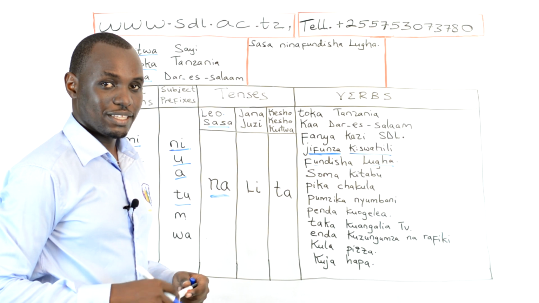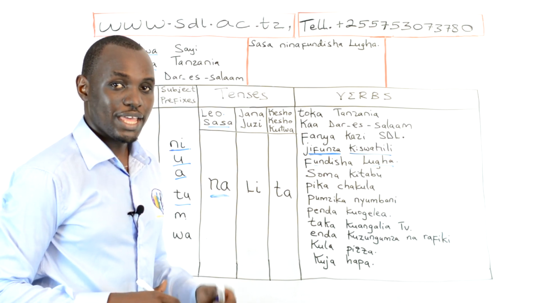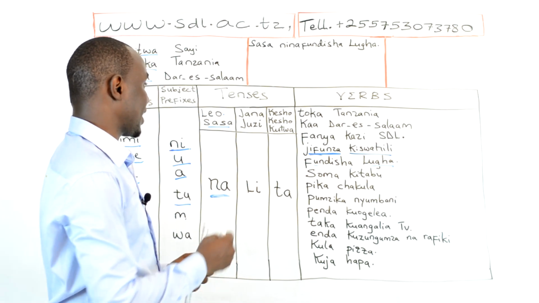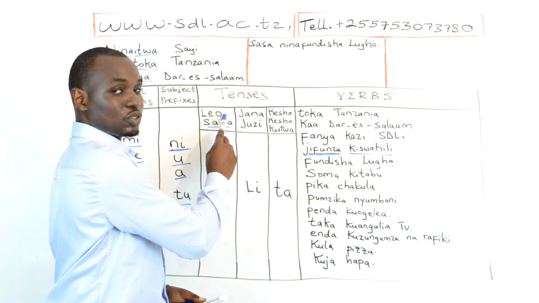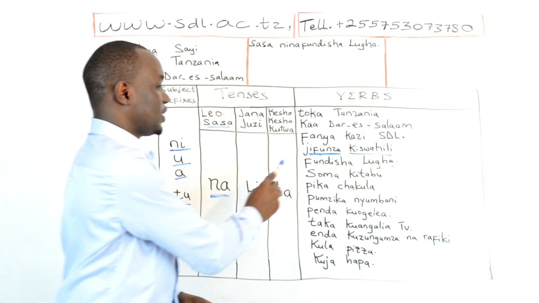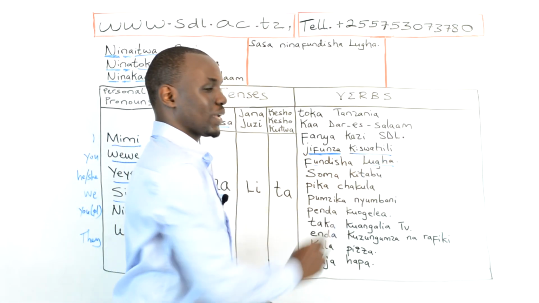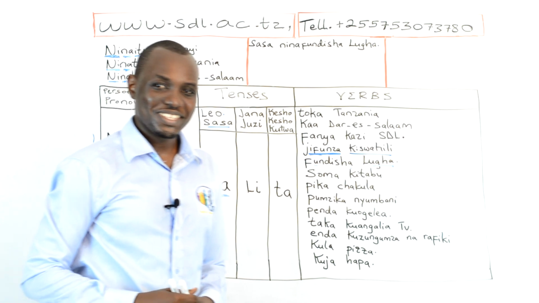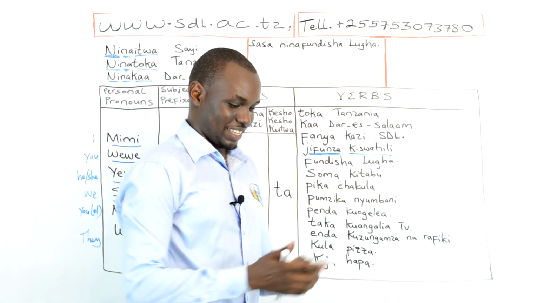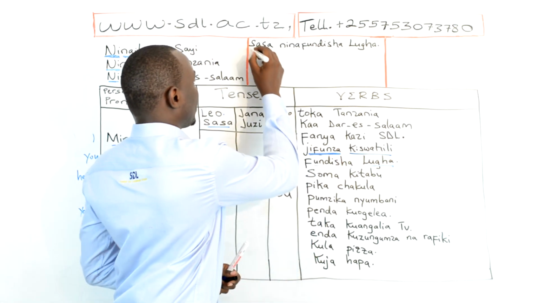If you want to say this sentence in Swahili, today you are learning Swahili, you start with today, leo. Leo unajifunza Kiswahili. I read that sentence.